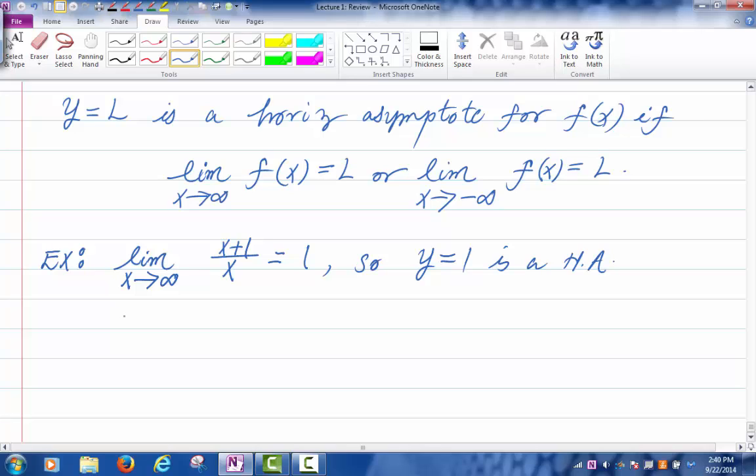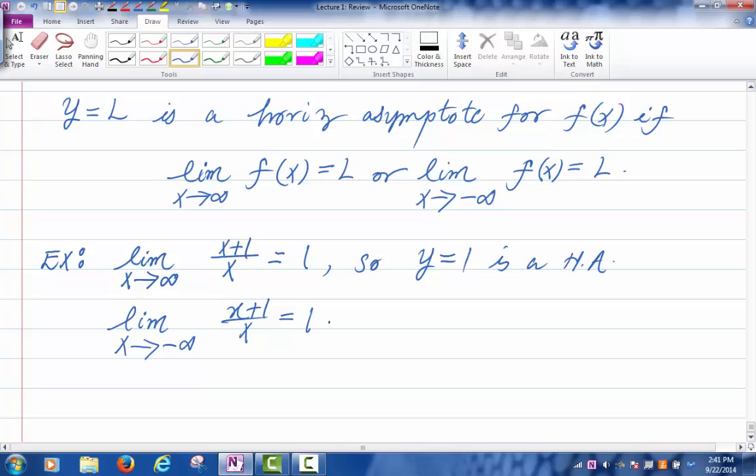If I just give you the function x plus 1 over x and ask you to find the horizontal asymptotes, you have to find this limit as well as the limit as x goes to negative infinity of x plus 1 over x. In this case, even as x goes to negative infinity, what's the limit? 1.